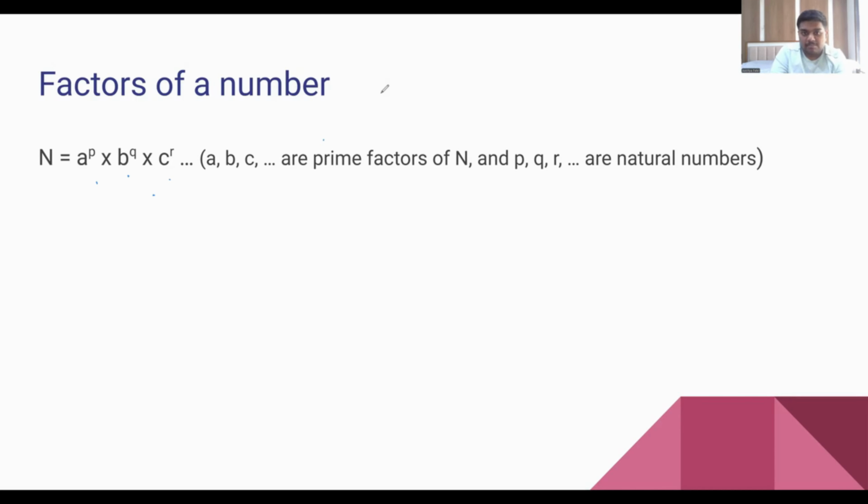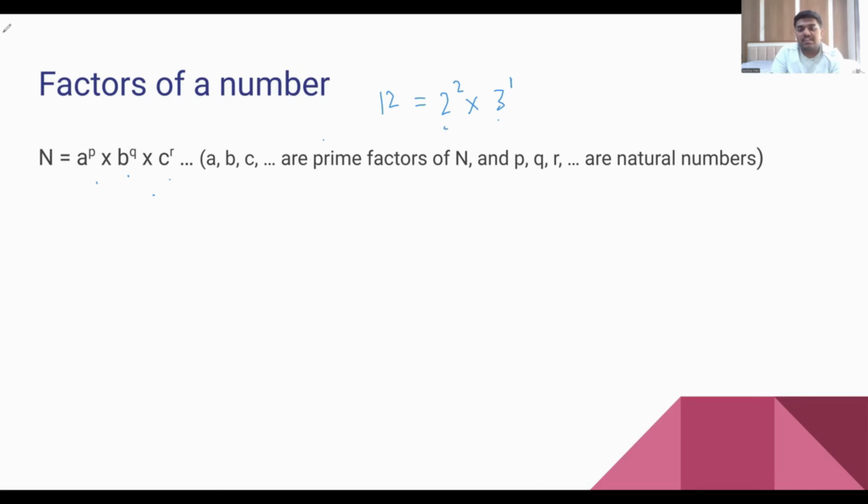Okay. For example, if we have a number n which is equal to 12, so 12 can be written as 2 to the power 2 into 3 to the power 1. Okay. 2 and 3 are the prime factors of 12, and the exponents are given, which are natural numbers.